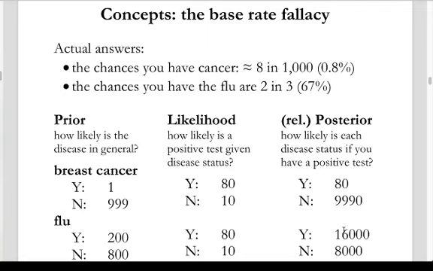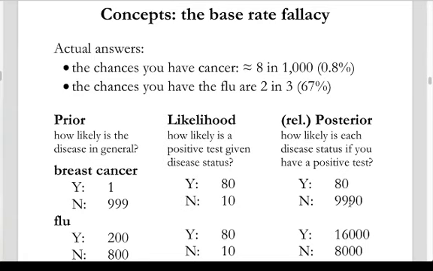Here's another way of thinking about this. If the false positive rate, which is about 10% down here, is higher than the prevalence of a disease in the population, which here is 1 in 1,000, then almost all of the positive test results you're going to see are going to be false positives and not true positives. Why?